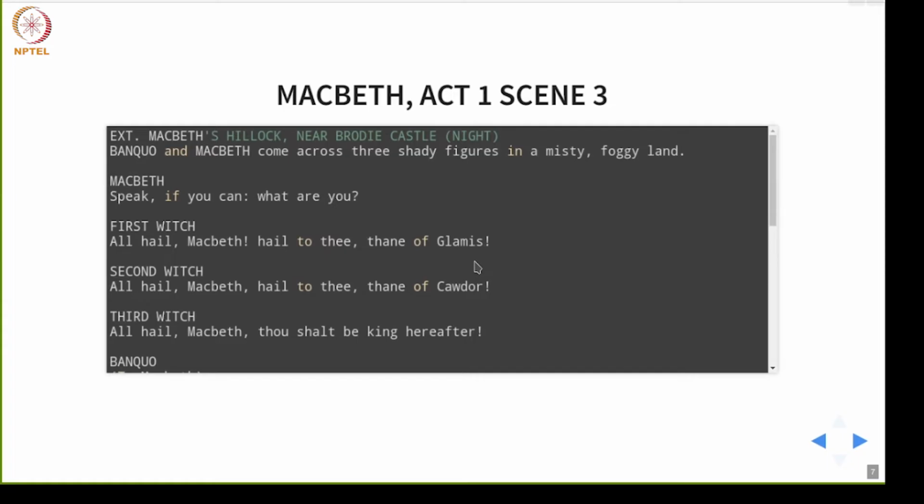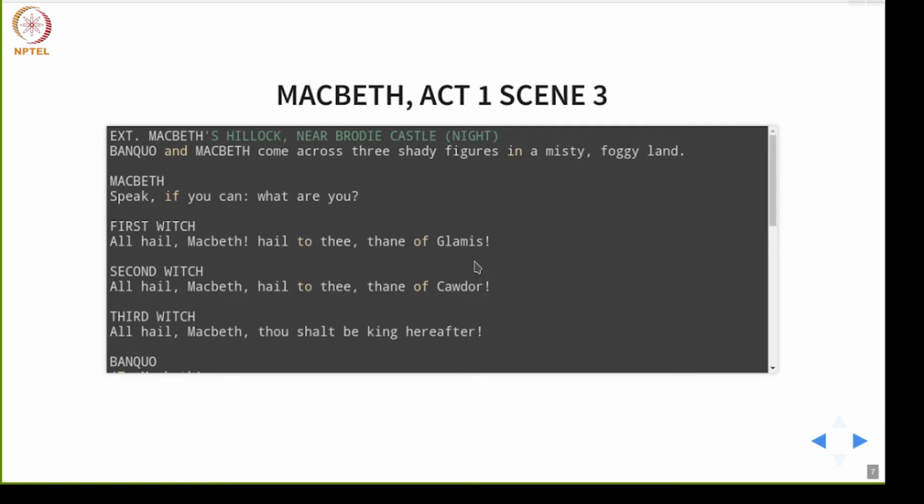Banquo says to the witches, "In the name of truth, are ye fantastical, or that indeed which outwardly ye show? My noble partner you greet with present grace and great prediction of noble having and of royal hope. That he seems rapt withal, to me you speak not.